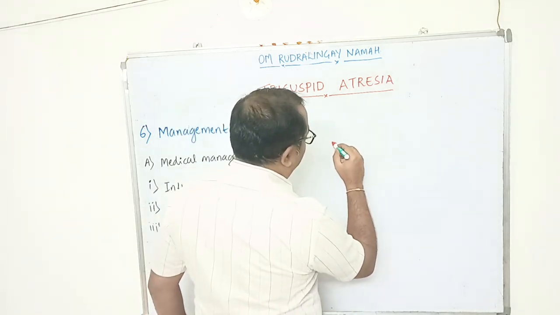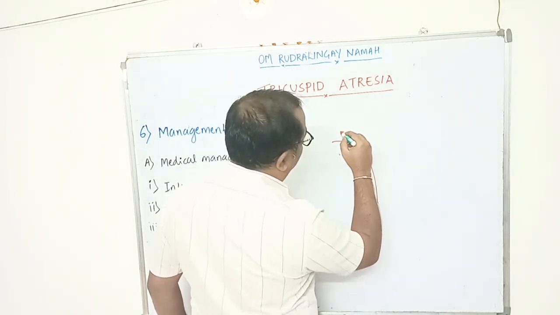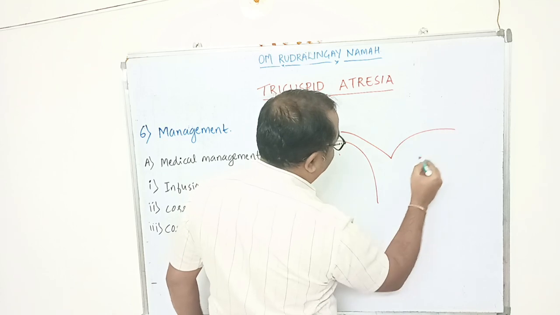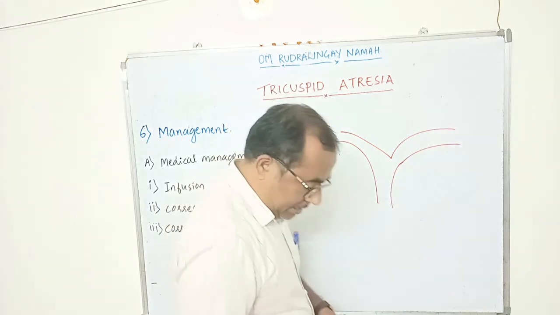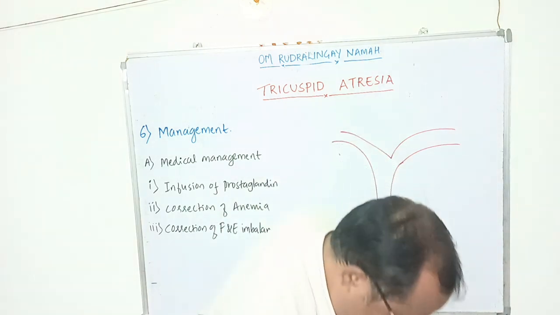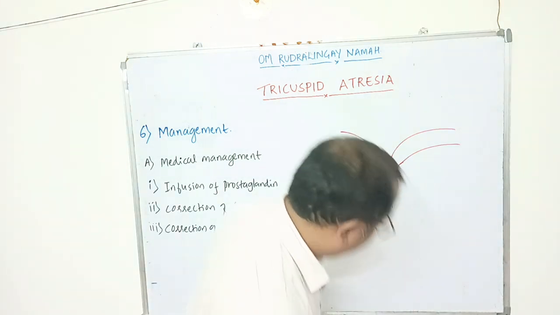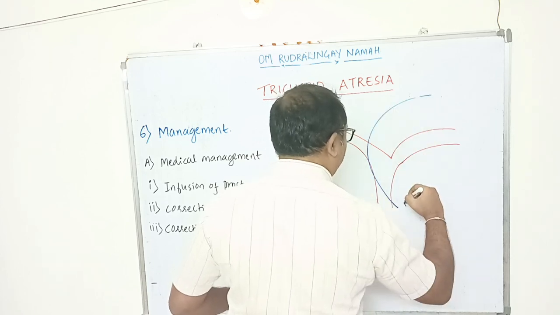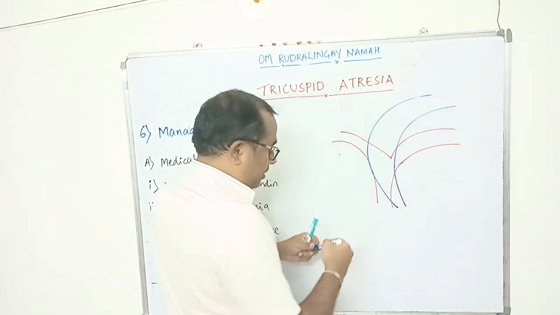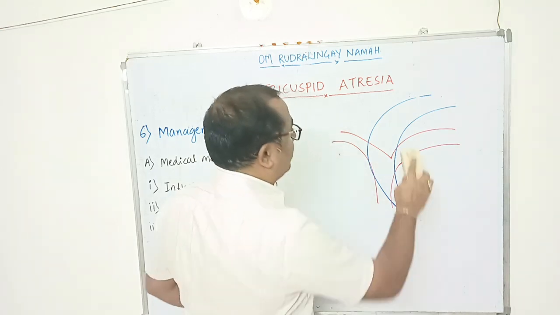This is the pulmonary artery, and this is the aorta.